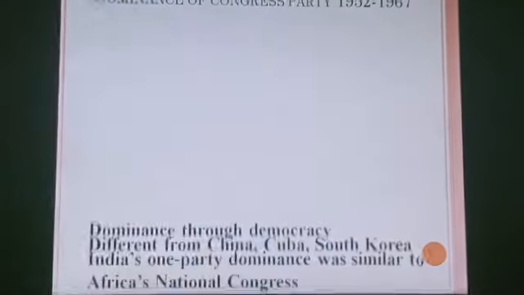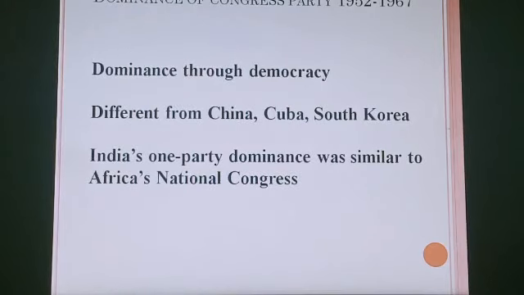Even though Congress dominated, this dominance was true democracy. It was not a dominance like in China, Cuba, South Korea. India's one-party dominance was almost similar to that of the African National Congress.